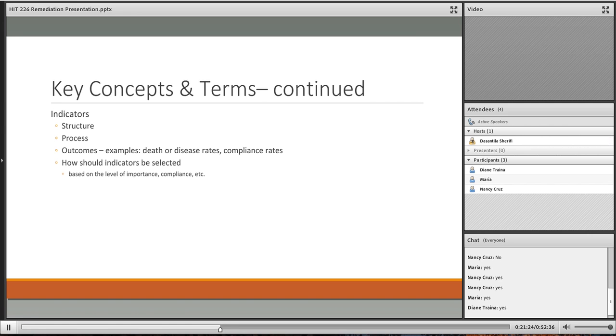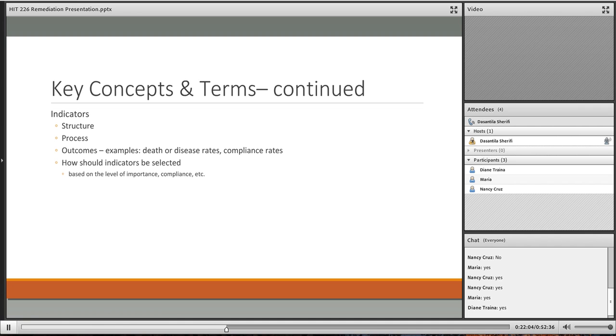Okay, this is something else we had discussed at the very beginning, and it's still important. The indicators. What are the three major indicators? Well, structure, process, and outcome. So structure has to do with the resources you have available, the facility, the equipment, the organizational structure that you have in place, the hierarchy, the relationship, the types of contracts that are in place with either physicians or other care providers, or the relationships you have with insurance companies, all of those.